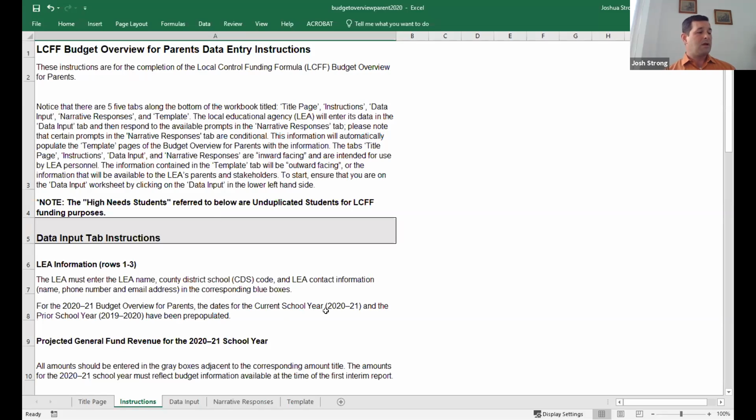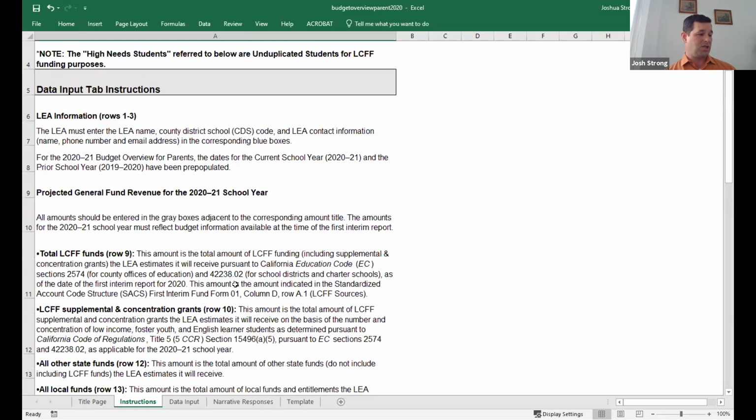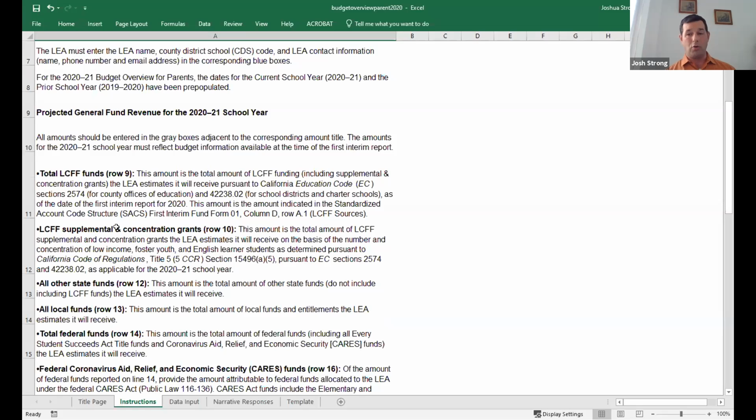So a couple of things to note. Within the instructions, we give specific references for the different rows on the unique tabs within the spreadsheet, so that it's specifically referring to what goes in this part.